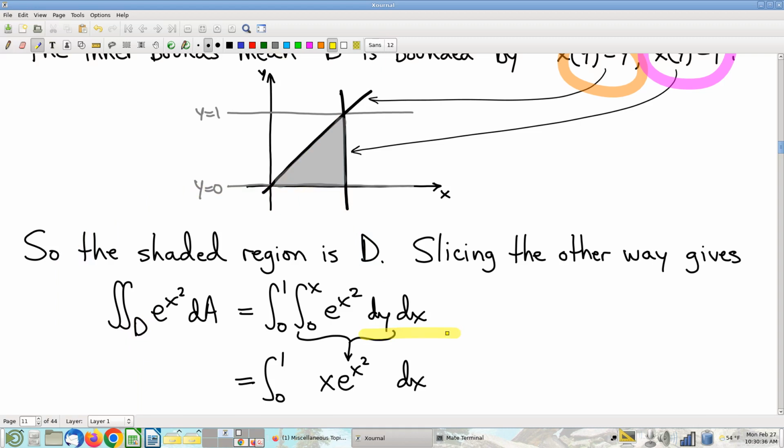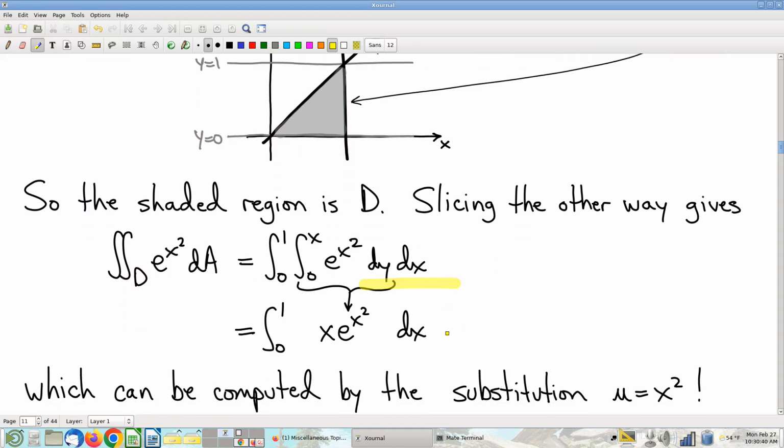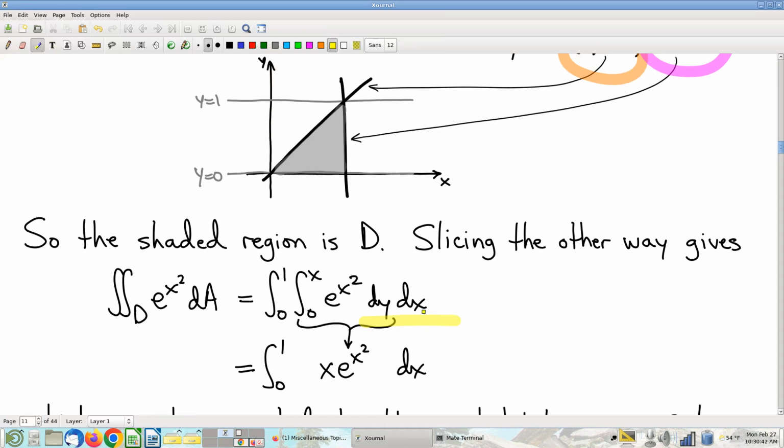Notice I put my dy dx for my differentials here. With that slicing order decided, x bounds are from there to there. That's 0 to 1.